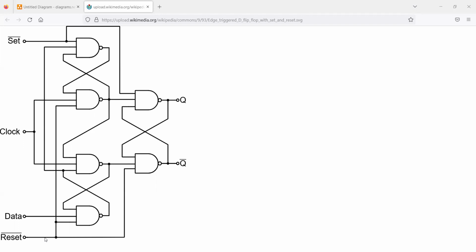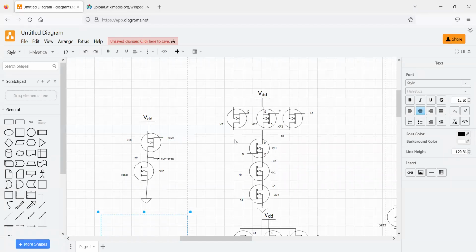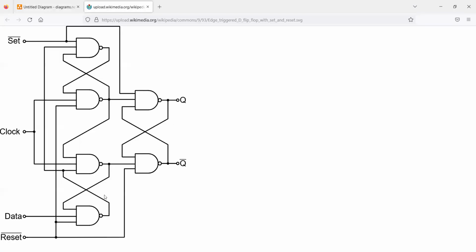For the NAND gate, first of all, the inverted reset is here, and this becomes node 0, which is here. It goes to, for example, a NAND gate, and then we have data that also goes to a NAND gate.